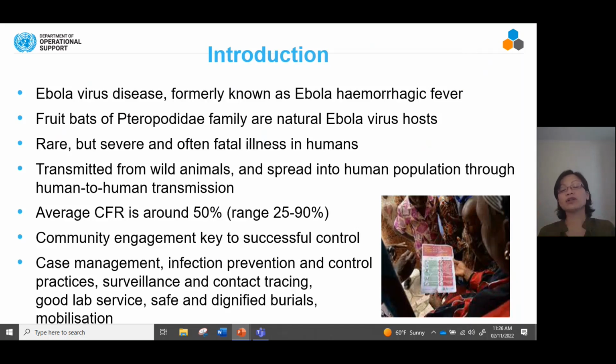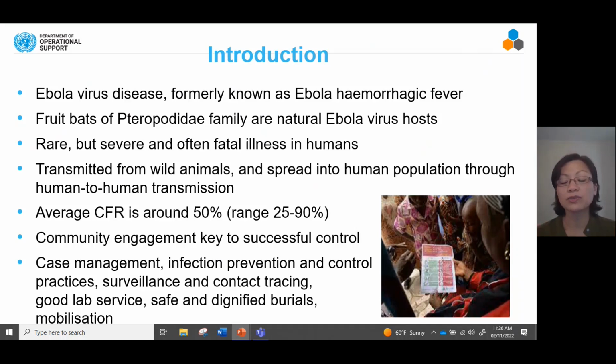So the Ebola virus disease was previously known as Ebola hemorrhagic fever, but now it's been changed to Ebola virus disease by the WHO. And the natural host of the virus is fruit bats. It is a disease that is quite rare, but then when it occurs, it is severe and can be fatal in humans.